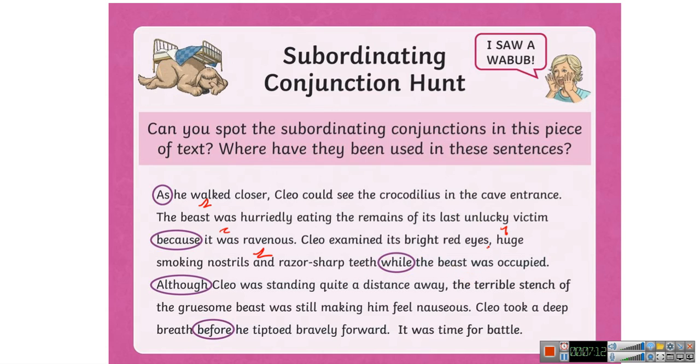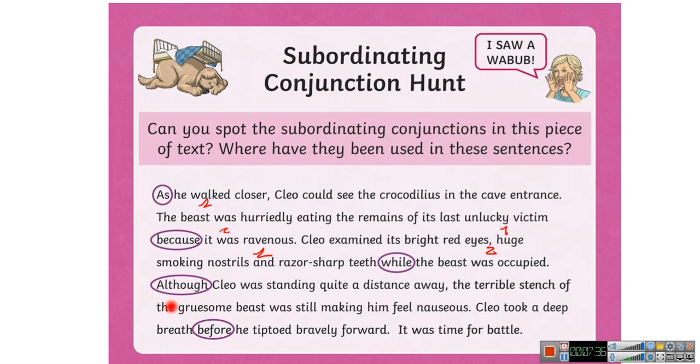So I have my second idea. Something was happening at the same time that Cleo was examining the bright red eyes and the razor-sharp teeth of the beast. But the beast was occupied, so I need to inform about that to my reader. So that's the reason why I use a while.